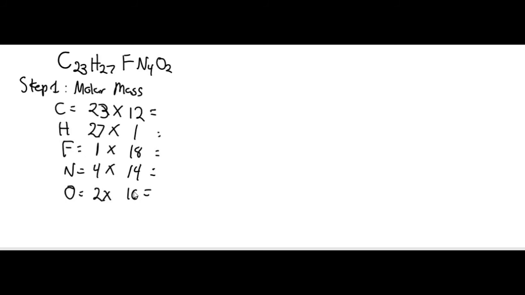So 23 times 12, you have 276. And then we have 27. We have 18. So 4 times 14, that's 56. And then 2 times 16, that's 32.